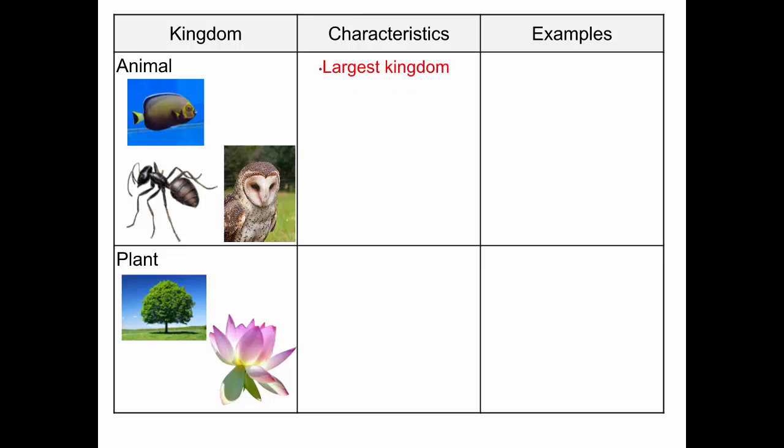Eukaryote. Are animals made of one cell or many? Many. Are animals autotrophs or heterotrophs? Heterotrophs. Right. So animals, their characteristics are that they're multicellular, they're eukaryotic cells, and they're heterotrophs.